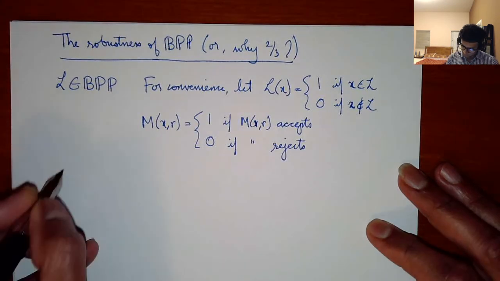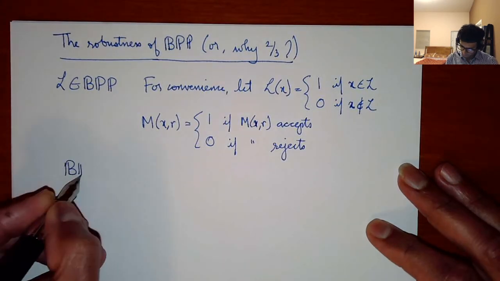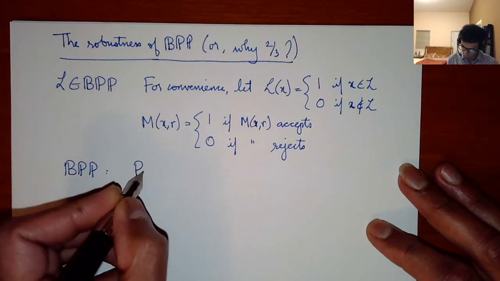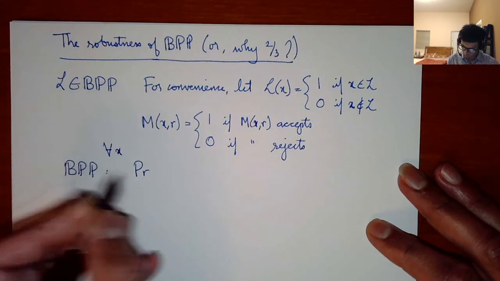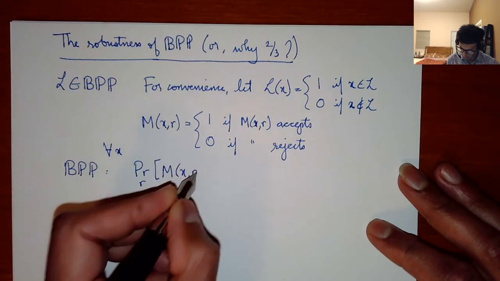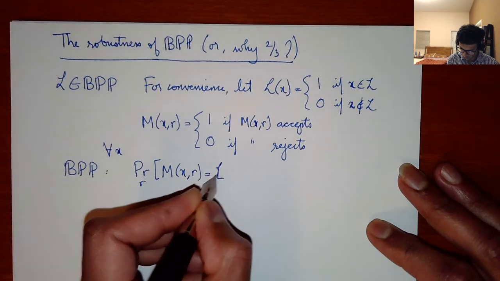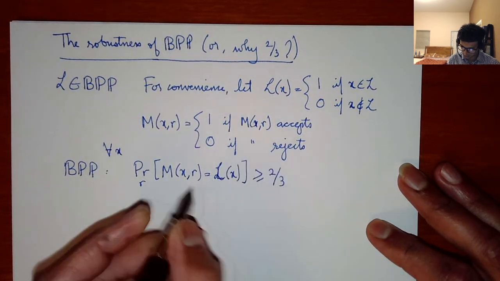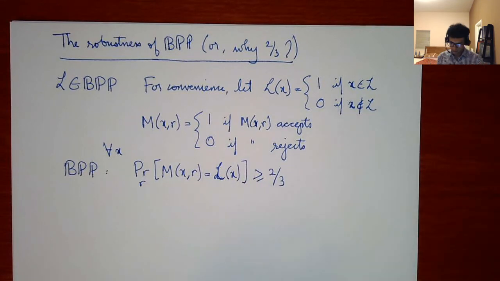Okay, so what is BPP? BPP is just saying for all x, the probability over the randomness that M(x,r) is equal to L(x) is at least 2/3. It's just saying that the probability that it's correct is at least 2/3.